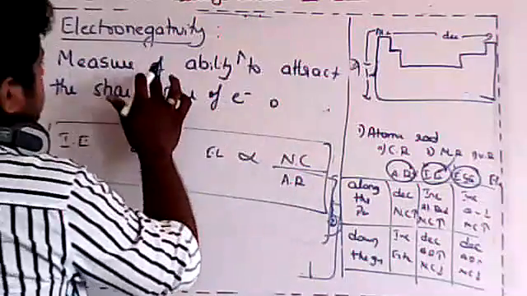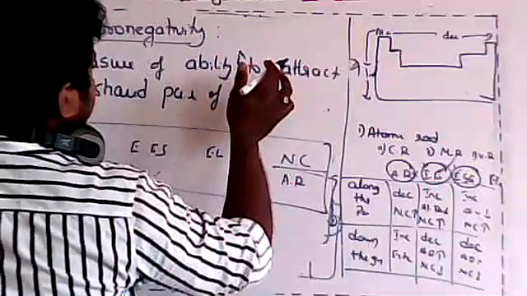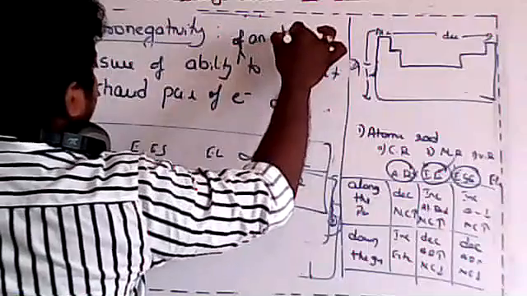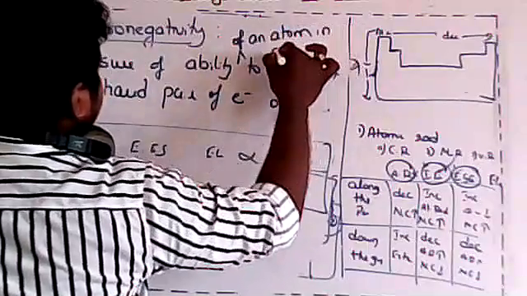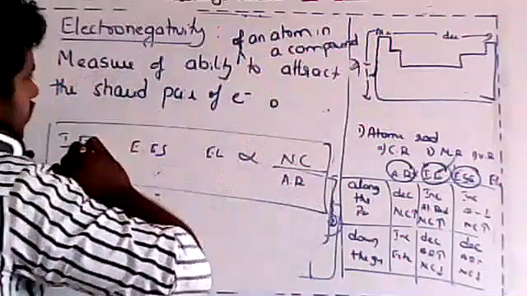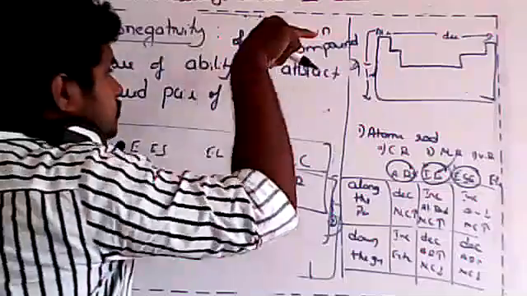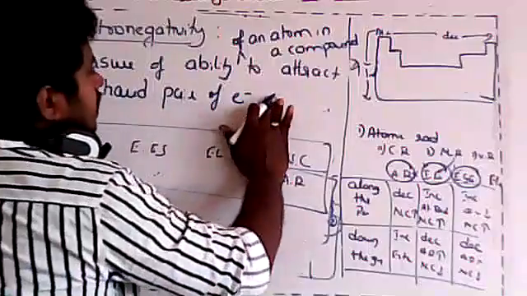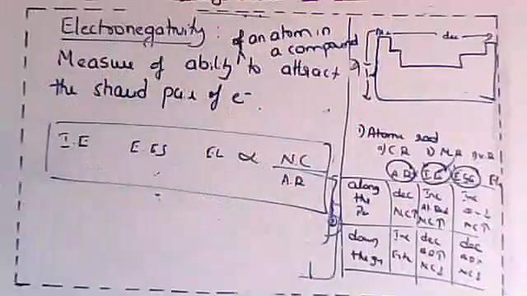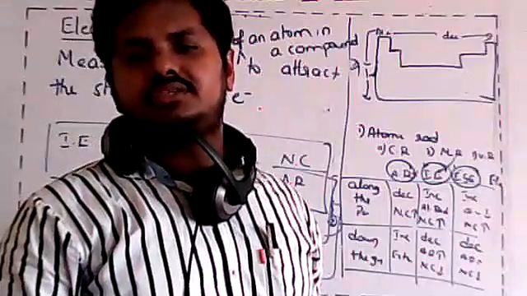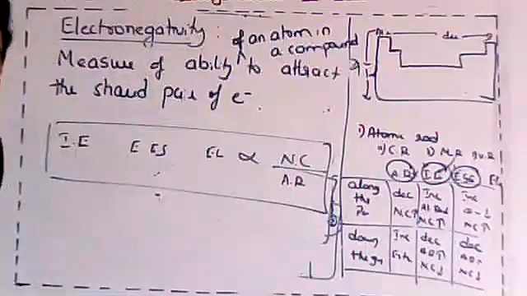Please add it. Measure of ability of an atom in a compound. This should be added here. Okay, it is a measure of the ability of an atom in a compound to attract the shared pair of electrons towards itself. Got it? So its ability to attract the shared pair of electrons towards itself is called electronegativity.